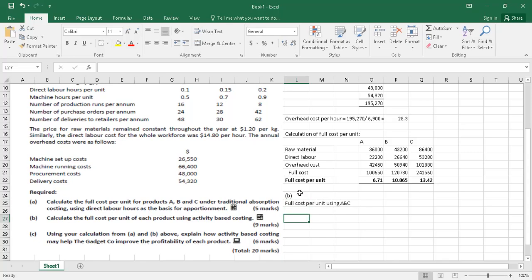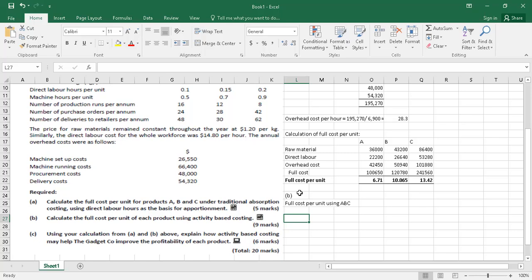Now, how many items are there? There are four items of overhead. So first, let's find out the overhead cost, because there are four items. For each one of them, the apportionment of overhead cost should be based on the cost driver. So first, let's finish the calculation of overhead cost, then we can prepare the statement to find the full cost per unit.